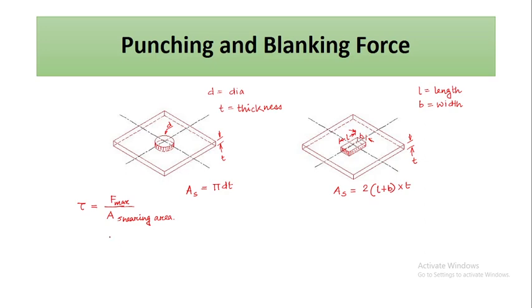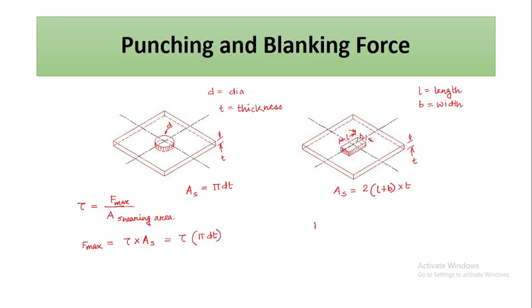So if we need to find out the maximum shearing force which is required, in the case where the profile is a circular profile, we can write it as the ultimate shear strength into the shearing area, that is tau into pi d t.